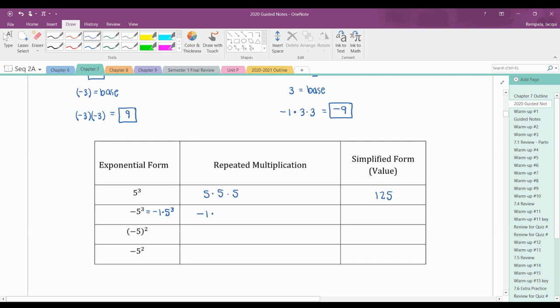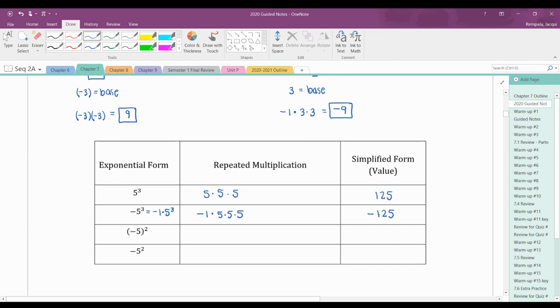So it's essentially now just like the first problem we did in this table. It would then be 5 times 5 times 5. So that is my repeated multiplication. Now if I multiply all those numbers together, -1 times 5 times 5 times 5, you would see in your calculator that you get -125.